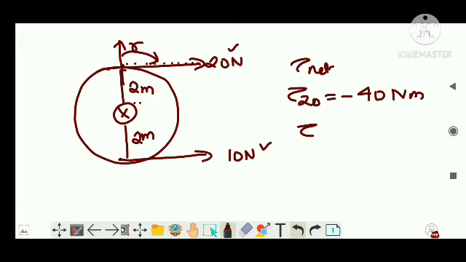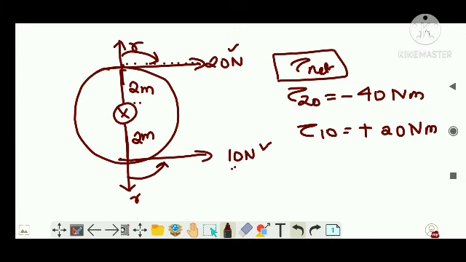Now what is the torque due to 10 Newton, right? So this will become the R cross F, this direction. So this is in which direction? It is anti-clockwise, so it will be positive. Force into distance, that is 10, and what is the distance? 2. 10 into 2 is 20 Newton meter, right? So when you are asked what is the net torque, it is the sum of these two guys.